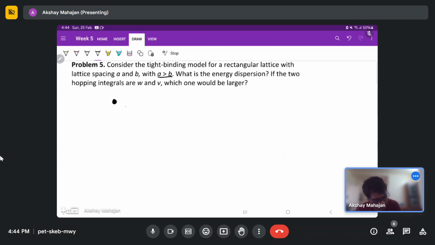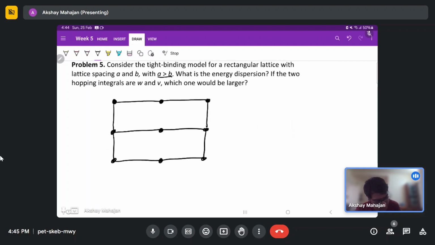So for the rectangular lattice, let me make the rectangular lattice. I believe this m comma n method is more intuitive, to see how each contribution comes in the tight binding.